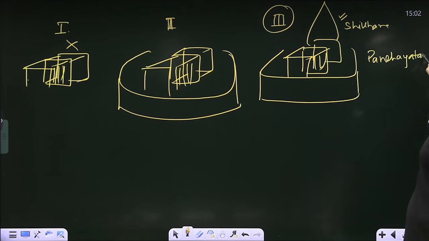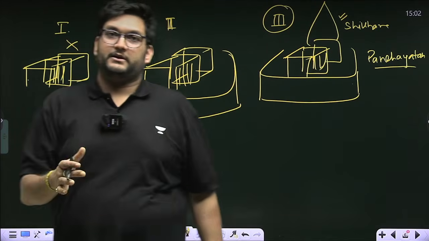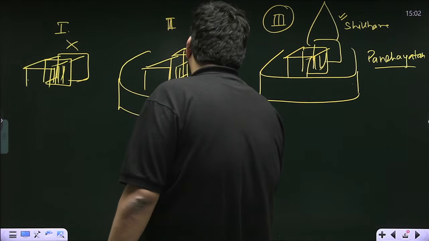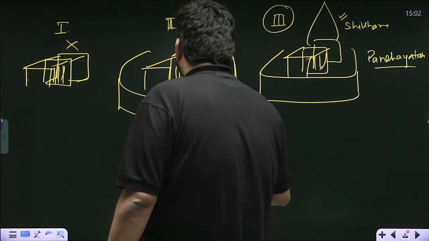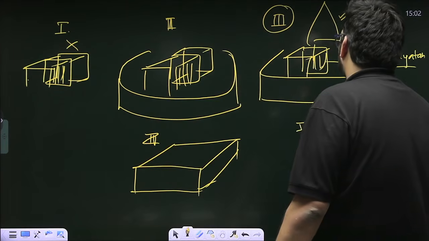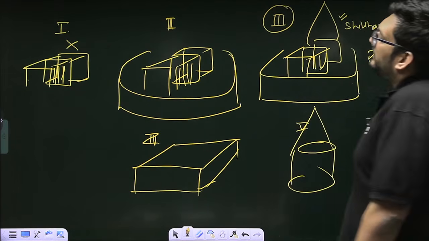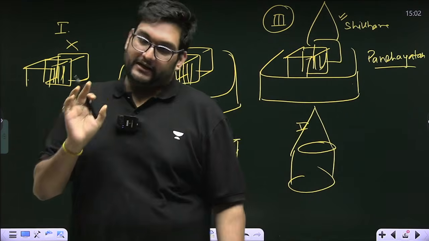Panchayatana means that there are subsidiary shrines other than the main Garbhagriha. Then fourth, the Garbhagriha becomes rectangular rather than square, and in the fifth phase you get a circular Garbhagriha. Therefore, these are the 5 major stages of temple architecture.